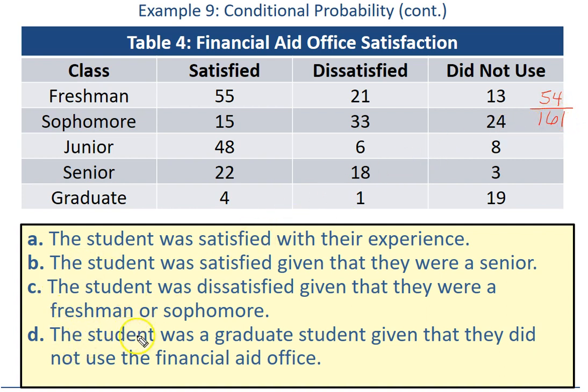And in part D, the student was a graduate student given that they did not use the financial aid office. Well, they were a graduate student. So how many graduate students did we have?